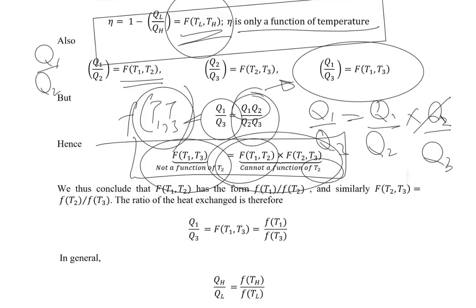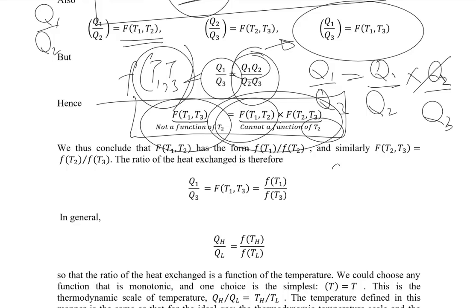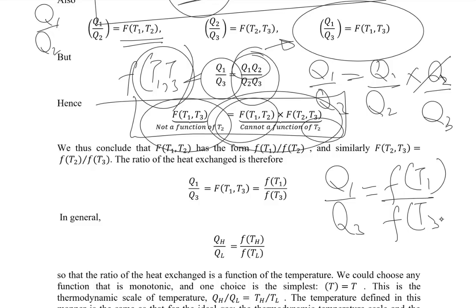So we can conclude that Q1 by Q3 can only be written as a function of T1 and T3. Having said that, we can generalize this equation.